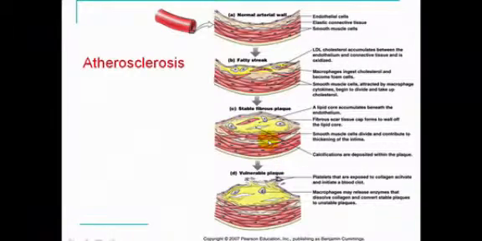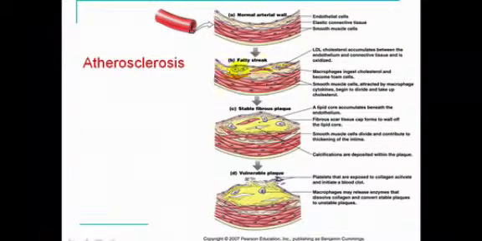So what causes this atherosclerosis? Atherosclerosis is the hardening which goes along with the narrowing of the artery. They've actually found that it's kind of like inflammation of the artery wall. And you have your normal endothelial cells right here, lining the lumen. And then you have connective tissue under that with some smooth muscle cells. What happens is your low density cholesterol starts to accumulate because the endothelial cells will take it up.